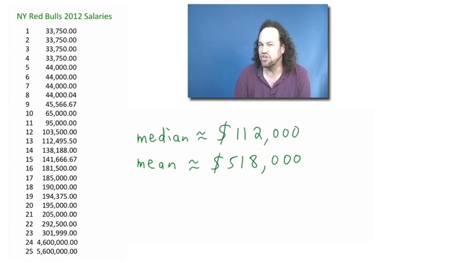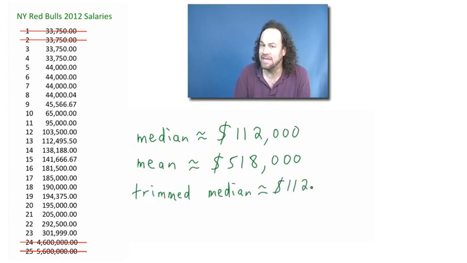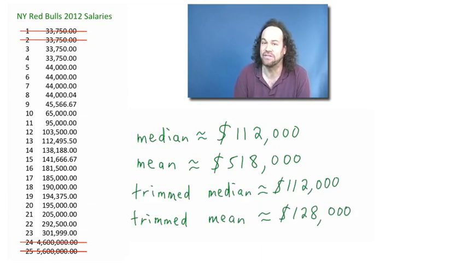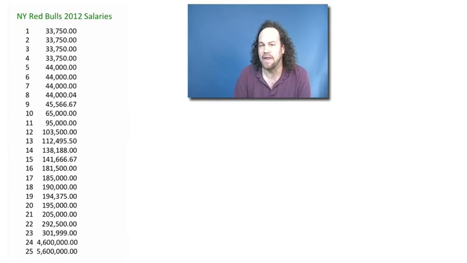We also considered trimming the data and said that if we eliminated the 2 highest and the 2 lowest salaries, then the median would stay exactly the same, but the mean would be a lot less, now just about $128,000. Let's stick with this example and see what it tells us about measures of spread.